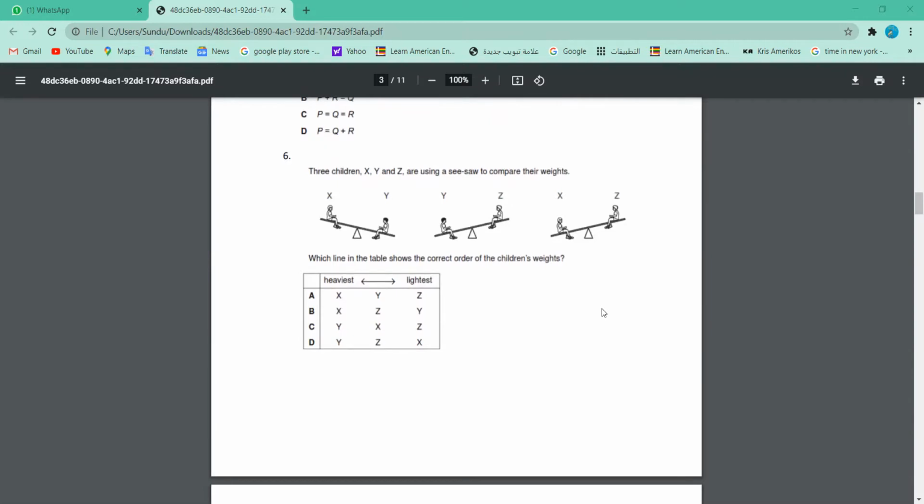Looking at these 2 pictures, we know that Y is heavier than both X and Z. So Y is the heaviest, so either C or D. The question remains about X and Z. Looking at this picture, Z is lighter than X. So Z is the lightest. So C is the option, according to me.